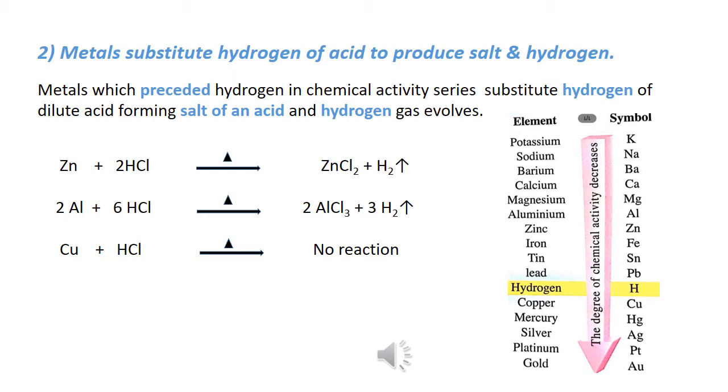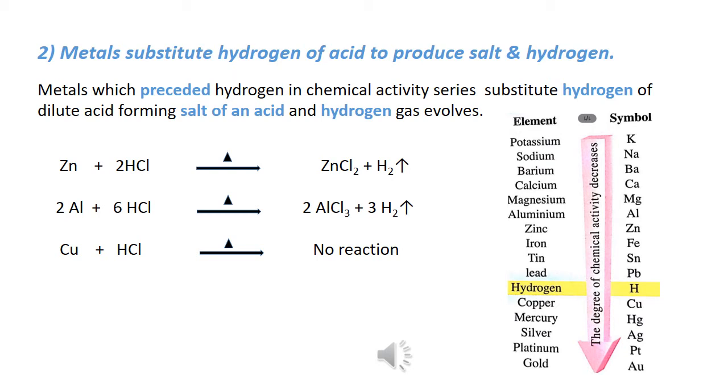When aluminium reacts with hydrochloric acid, it also substitutes hydrogen in hydrochloric acid, as it preceded hydrogen in chemical activity series. So, when aluminium reacts with hydrochloric acid, it produces aluminium chloride and hydrogen gas, 2Al plus 6HCl, producing 2AlCl3 and 3H2.